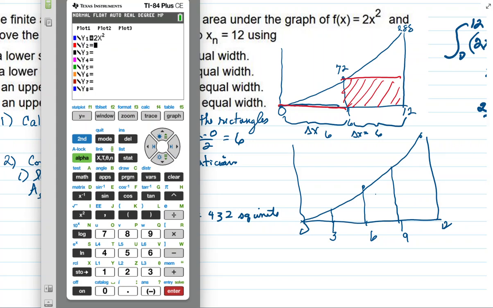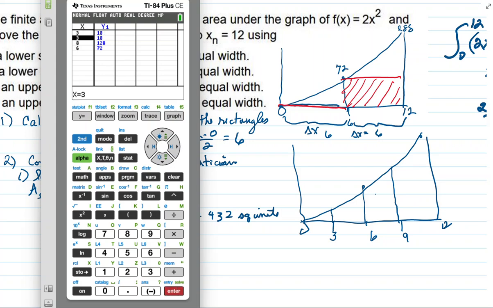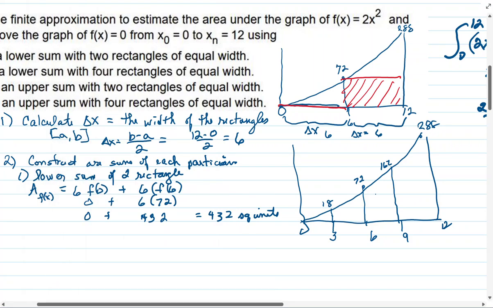Here we go. Okay. So at 3, I've got 18. At 6, we know is 72. At 9, we know it's 162. And at 12, we know it's 288. All right. So we have our values.